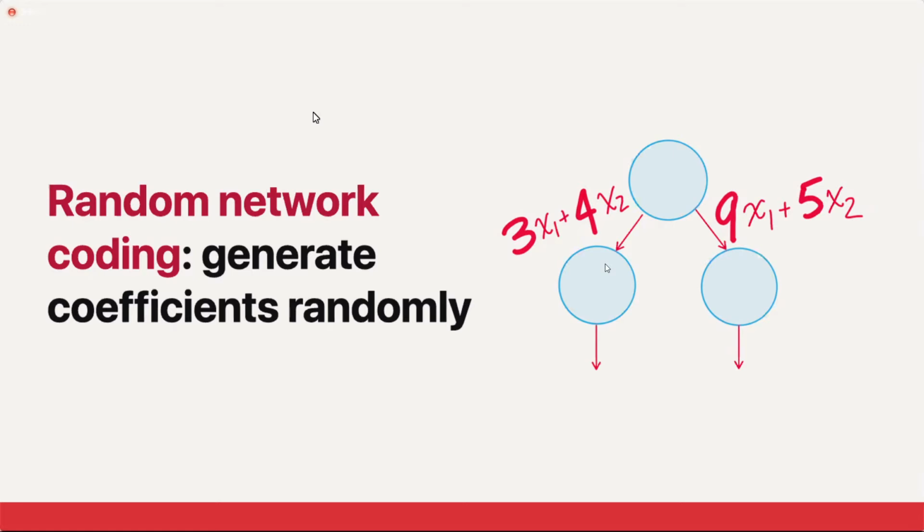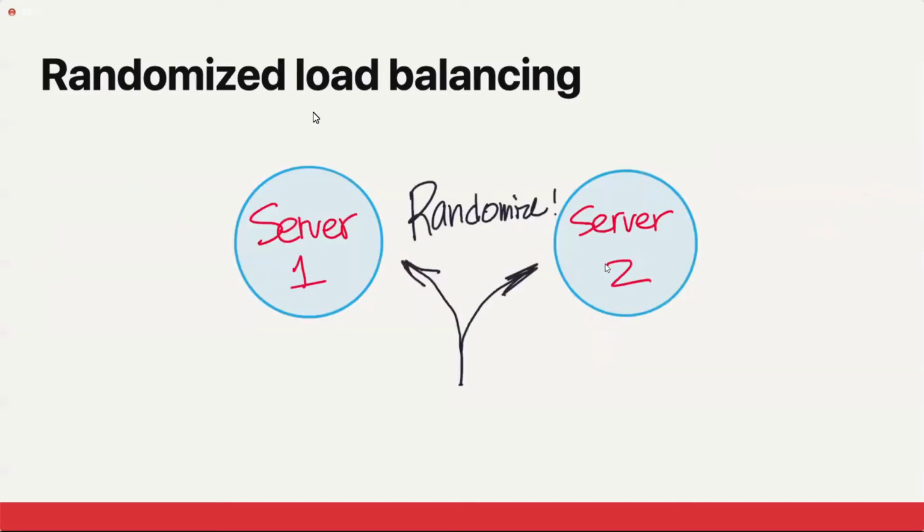Another example, in a completely different category from network coding, is when we are trying to design web servers. If we have a lot of requests coming into our web server, of course, we need multiple servers serving these requests. But the question is, how do we direct individual requests to different servers in a load-balanced way?